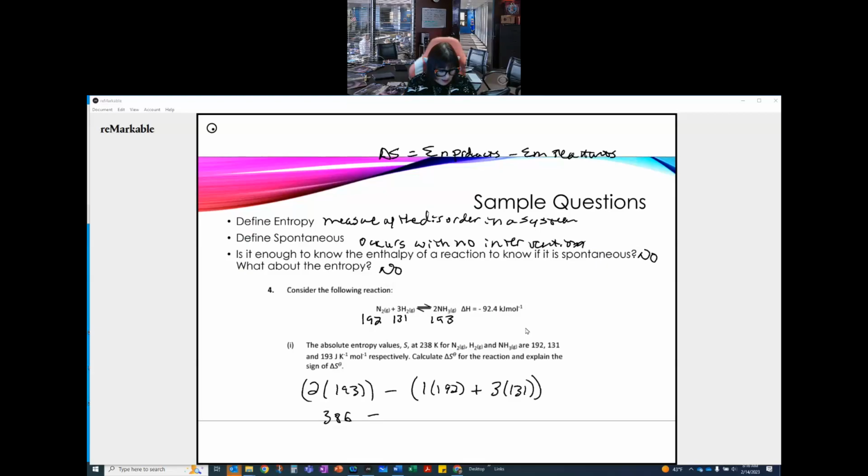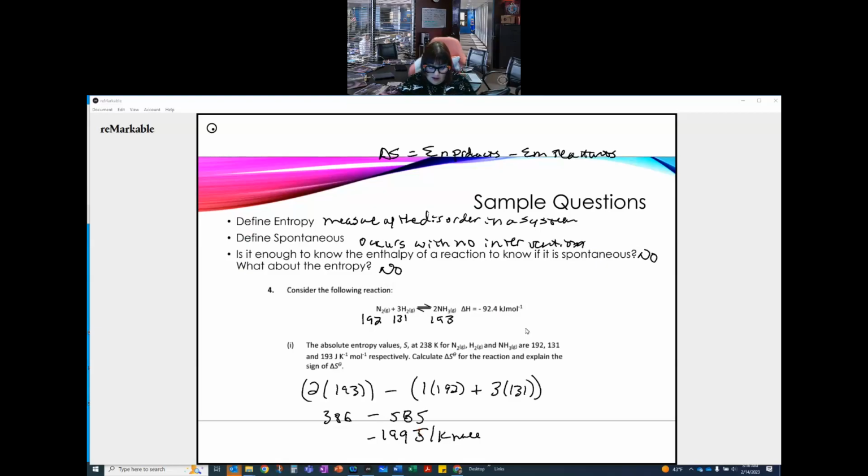And subtract 192 plus 3 times 131, which is 585. And it gives me negative 199. And of course, that is in joules per Kelvin mole.